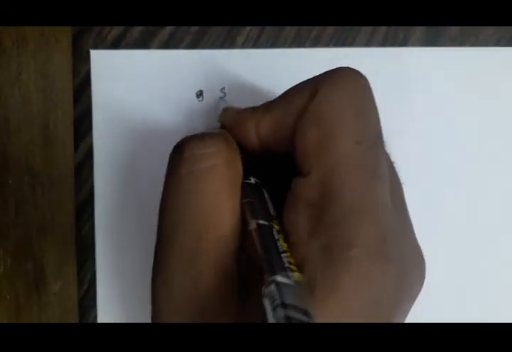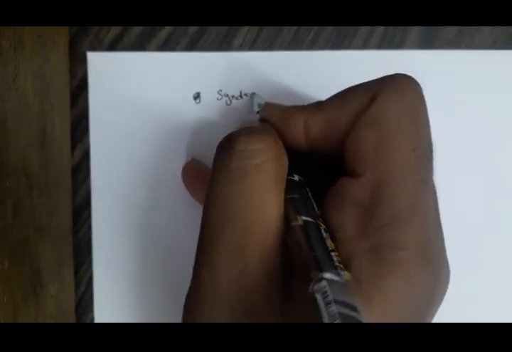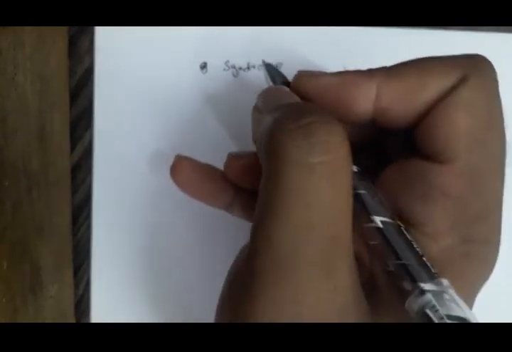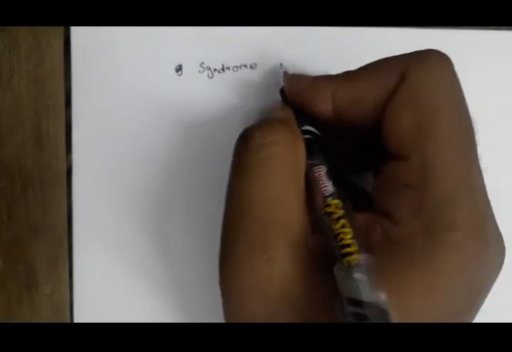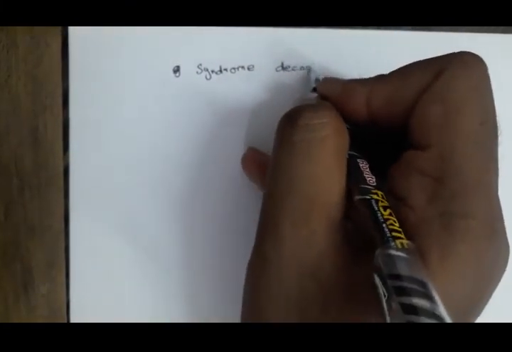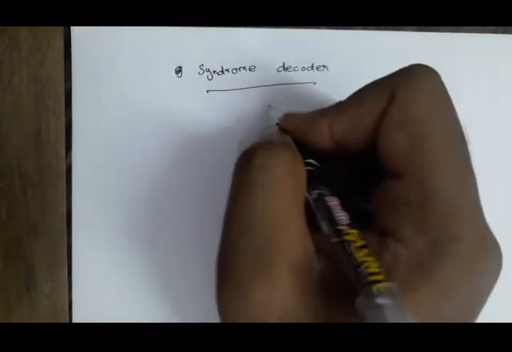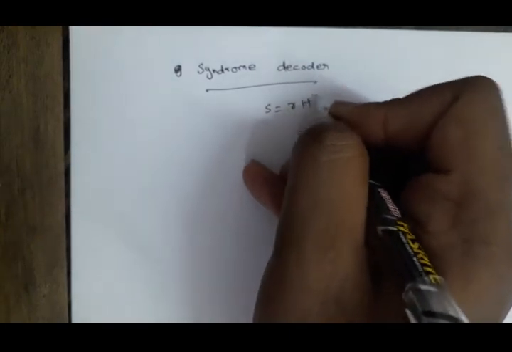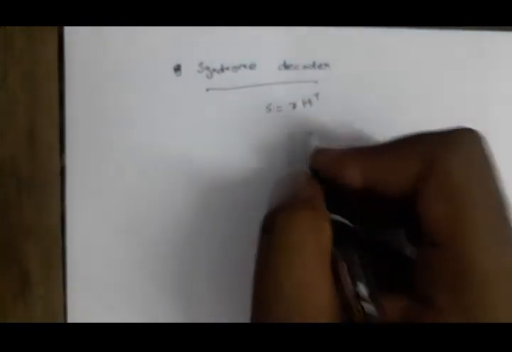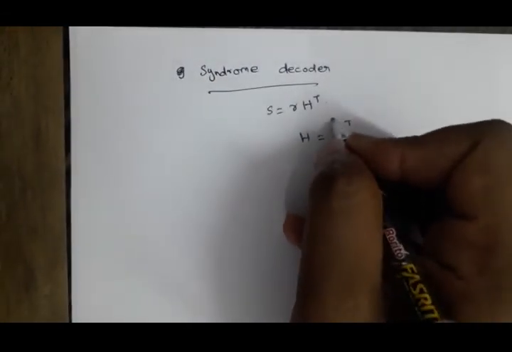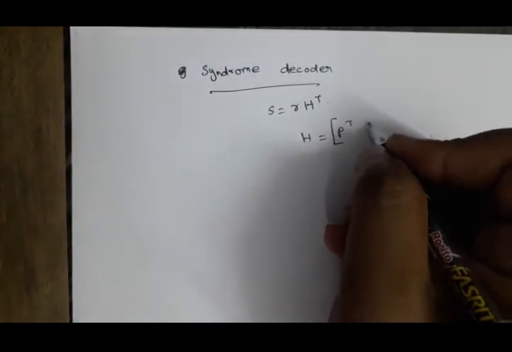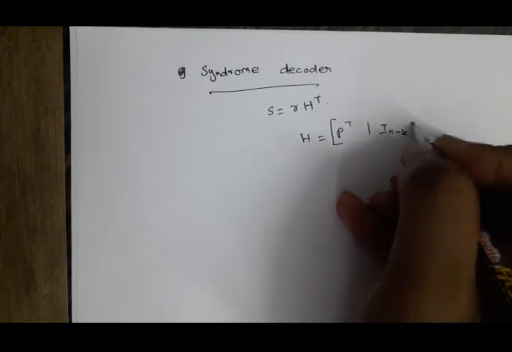Now we are going to determine the syndrome decoder circuit. S is equal to R into H transpose, and we know that H is the combination of P transpose and I of n minus k.